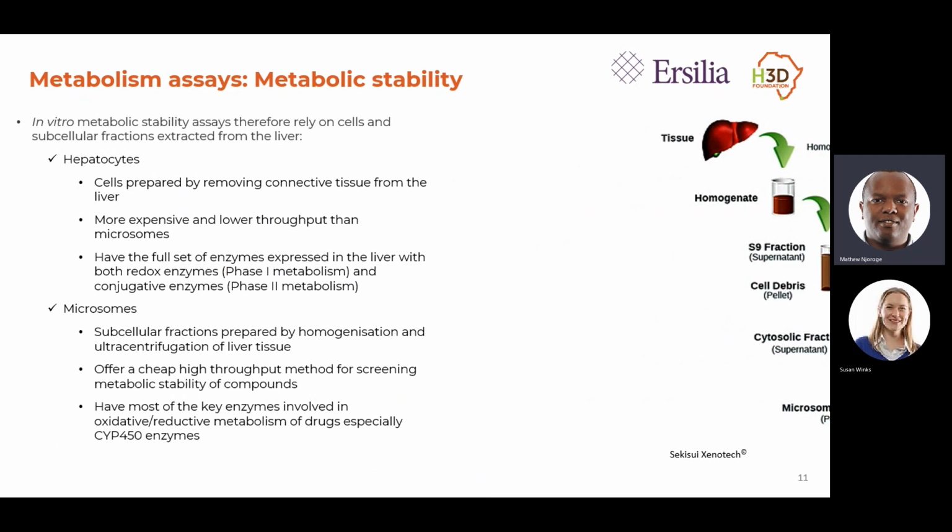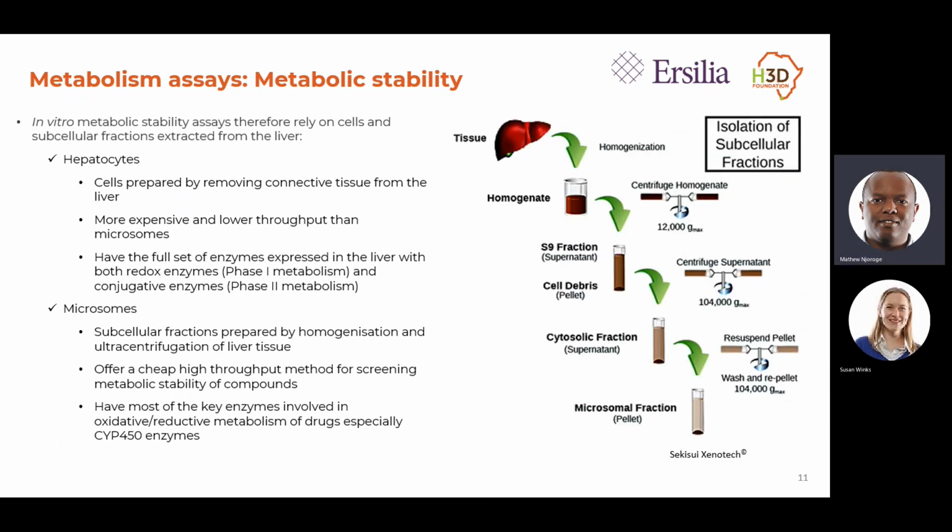How we measure metabolism tends to rely on where metabolism takes place. Most metabolism, as we know, takes place within the liver, and the cells inside the liver are called hepatocytes. So the most natural way to measure metabolism would be to get some hepatocytes, add in our compound, and then see what happens over a certain period of time.